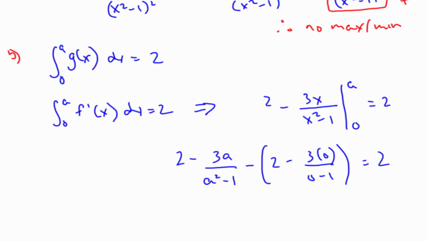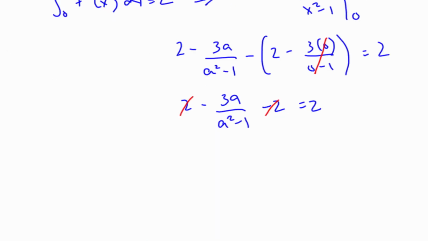Well, I know that 3 times 0 is 0, so that cancels out. And I get 2 minus 3a over a squared minus 1 minus 2 equals 2. Well, 2 take away 2 cancels away.